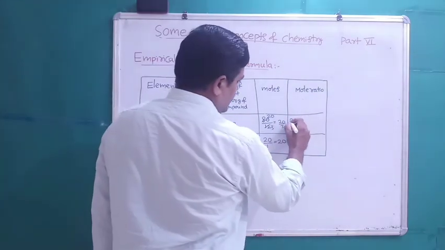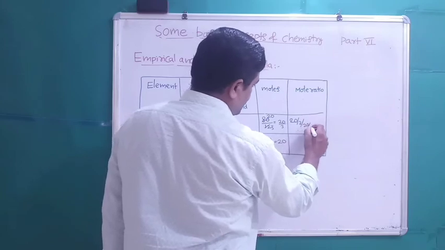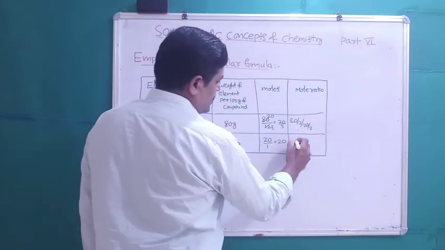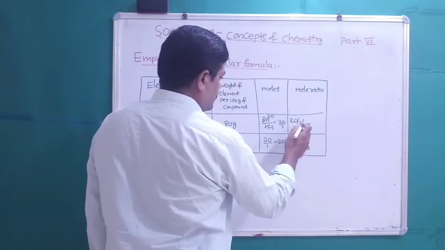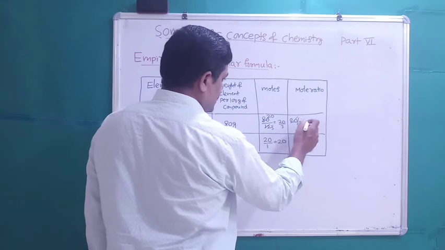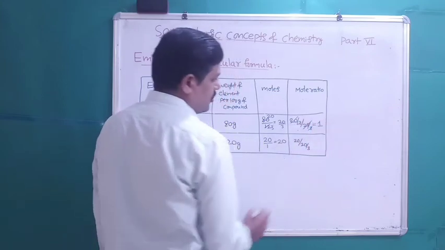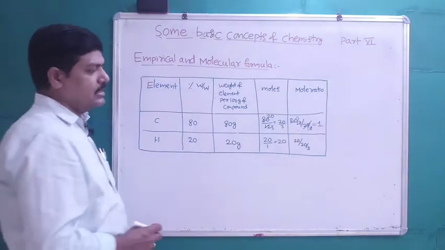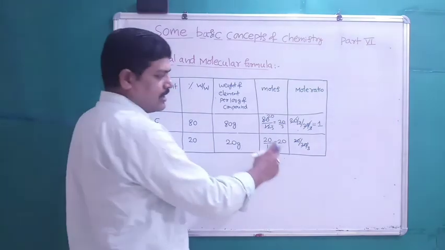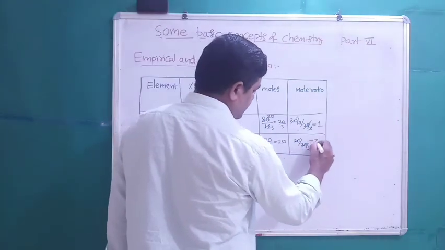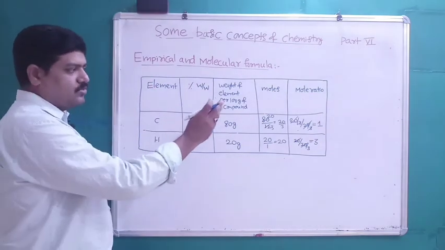Then divide both by the smallest value. For carbon, 20 by 3 by 20 by 3. For hydrogen, 20 by 20 by 3. This will get cancelled totally, and for carbon the mole ratio is 1. For hydrogen, 20 gets cancelled, 1 by 1 by 3, that is 3. So the mole ratio we are getting is 1:3.